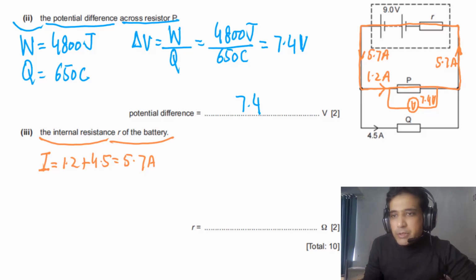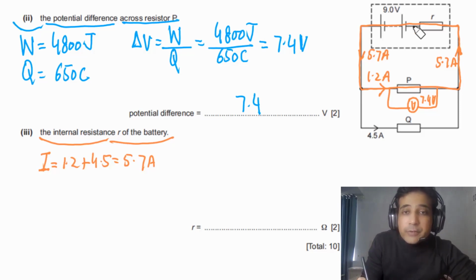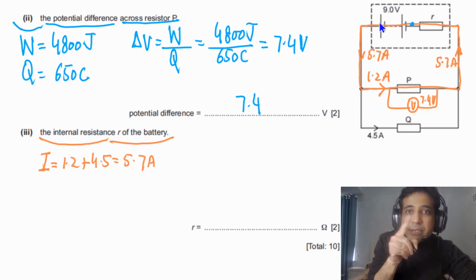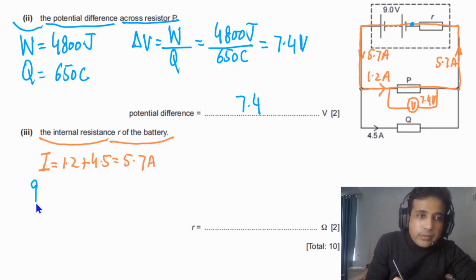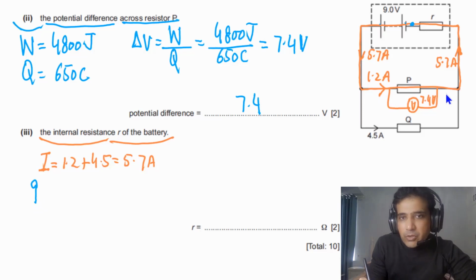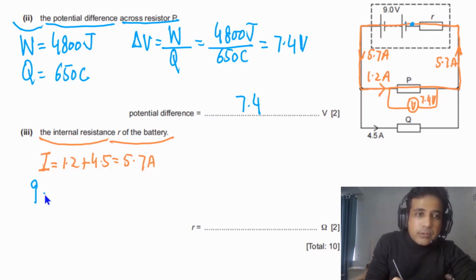Now simply you need to apply Kirchhoff's second law. I will start from this point. If I go from negative terminal to positive terminal, potential will increase. So the change in potential is positive. So I will write 9 here. And then when we cross this one, we go in the direction of current. It means that potential will drop.